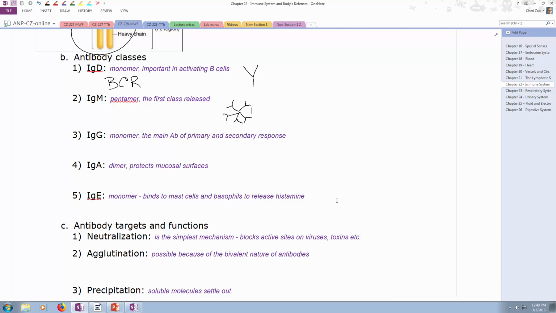IgG is also a monomer, so it's the lovely Y-shaped guy, and it is the main antibody. This is the one that we want for primary and secondary response. So we get IgM in a primary response, but we also get IgG, and the one we want, the one that does the best job for us, is IgG, and this one can cross the placenta.